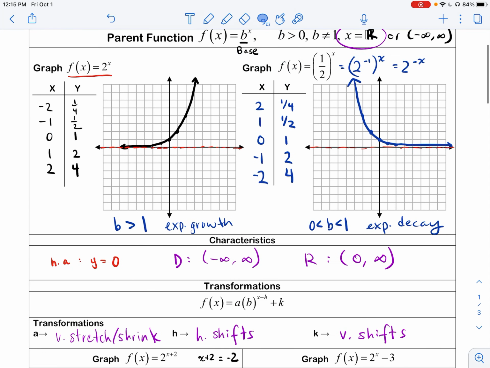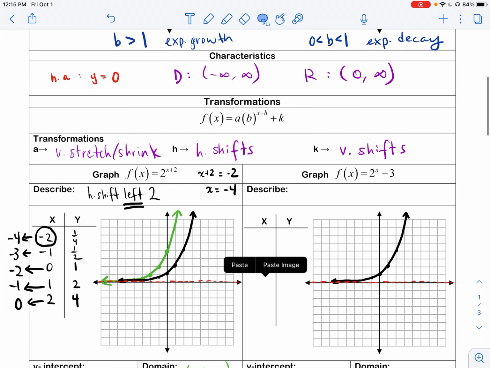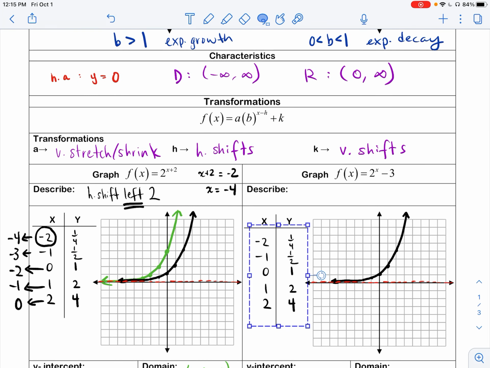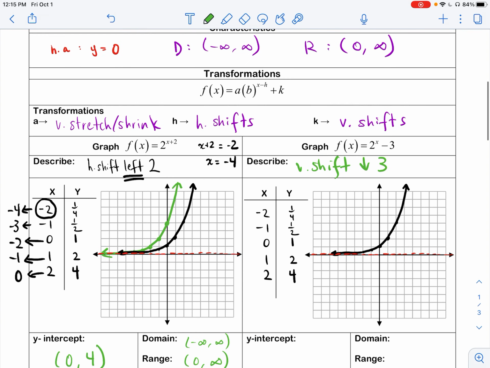I'm going to plot the original function here. You don't always have to do this, but I want to clearly identify the transformations and compare them. So here are the original values for my function. Hopefully we can clearly see that this is a vertical shift down 3 units. What that means is I'm going to take all my y values and subtract 3 from them.